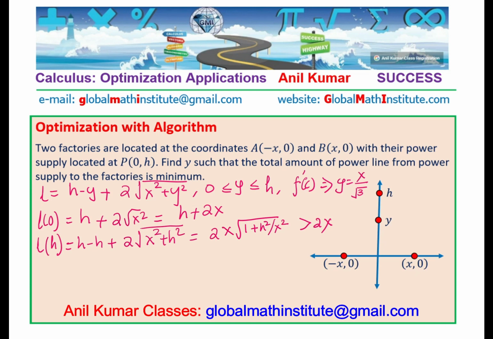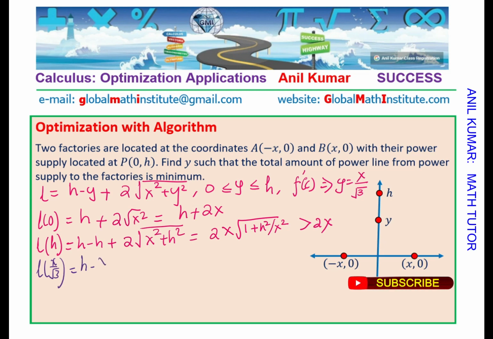The third point which we are looking into is x over square root 3, right? So if I put that, I get h minus x over square root 3 plus 2 times square root of x square plus x square over 3, right?